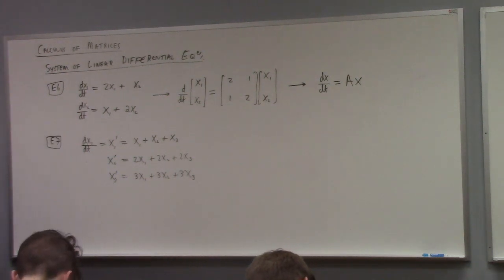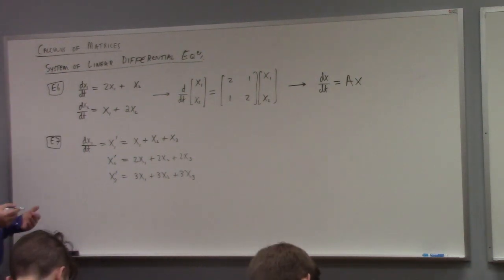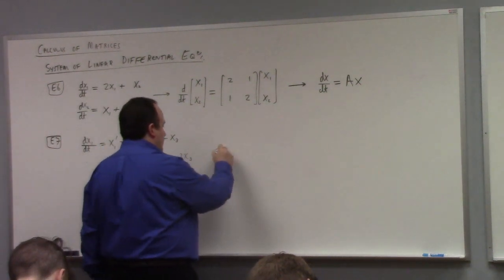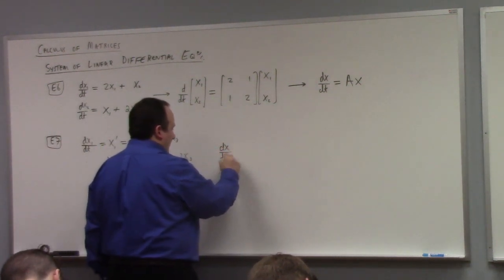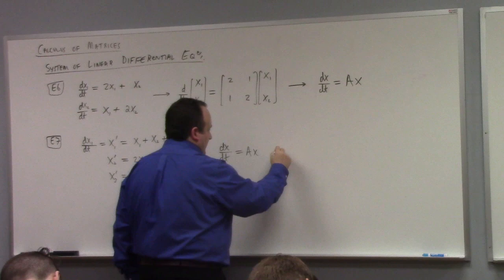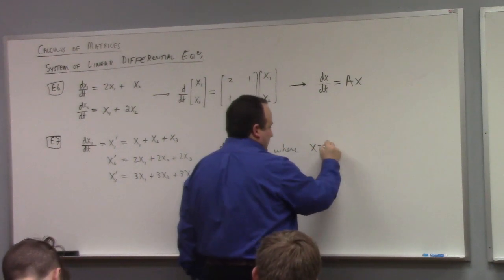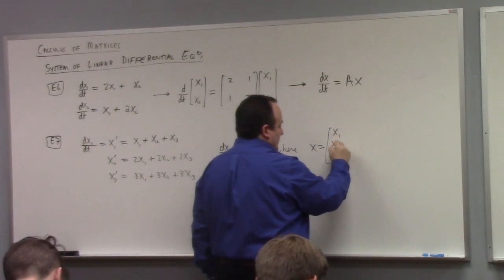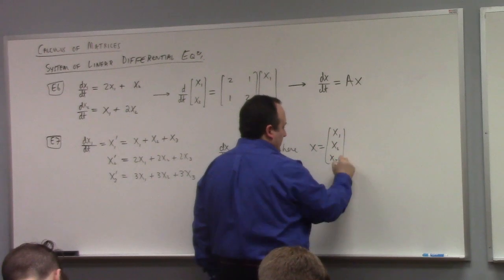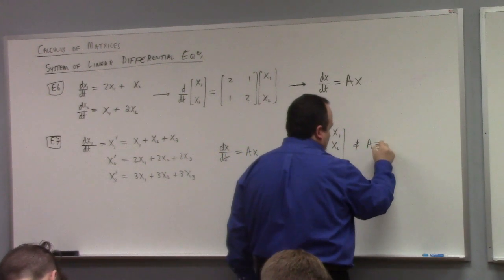All right, great. This is equivalent to dx/dt equals Ax, where x is equal to what? x1, x2, x3, and what's my matrix of coefficients here?